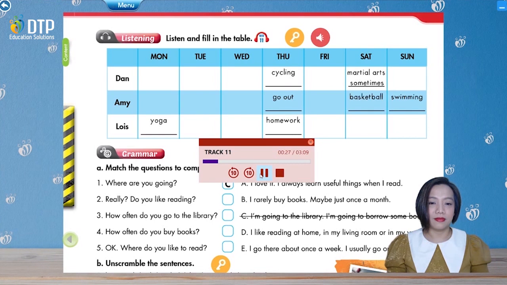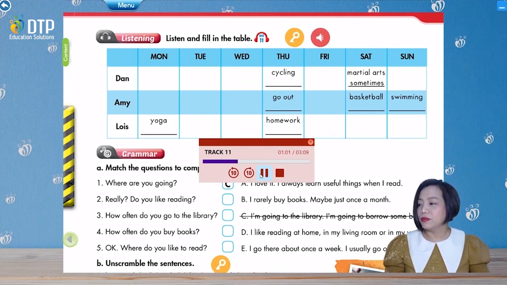1, Dan, do you go to the sports center? Yeah, I do. I sometimes do martial arts on Saturdays. 2, What about you, Amy? What do you do at the sports center? Oh, I usually go swimming on Sundays. 3, Dan, did you know that Lois also goes to the sports center? Oh, really? What does she do there? I think she usually does yoga on Mondays. 4, Is there anything else that you like doing, Dan?